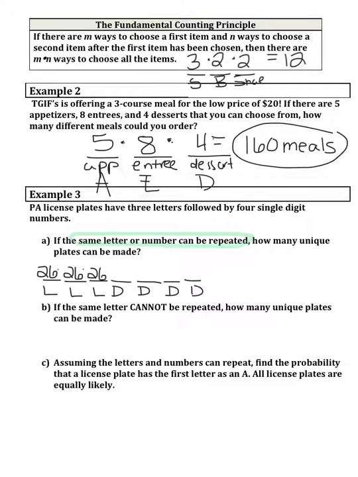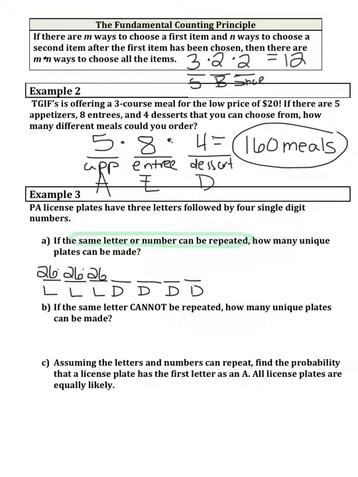My license plate could be AAA at the beginning, or AAB, or ABB, or XYZ. We could keep going. It would be very hard to list all of those. That's why this fundamental counting principle is really nice. So far, we know it's 26 times 26 times 26.